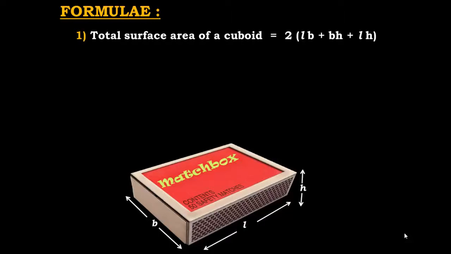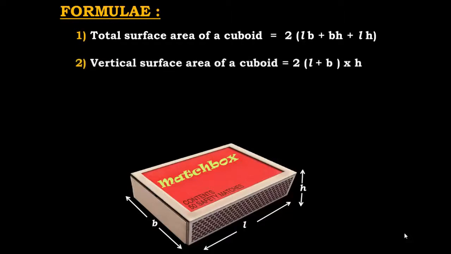Each surface is counted 2 times, so 2 is common. You have to calculate the surface area of base, side faces, and back and front faces.